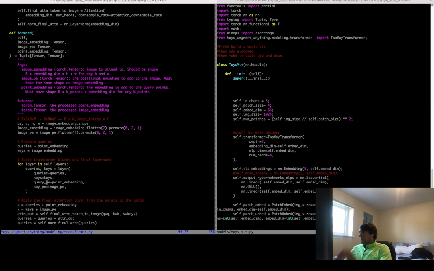Query PE is always the point embedding. That to me is weird. I don't understand in what sense that's a positional encoding.